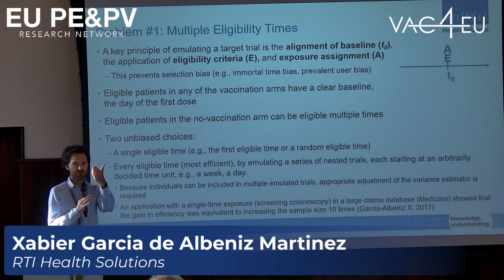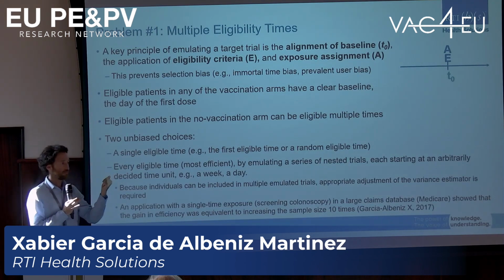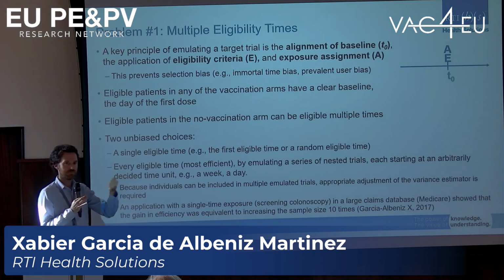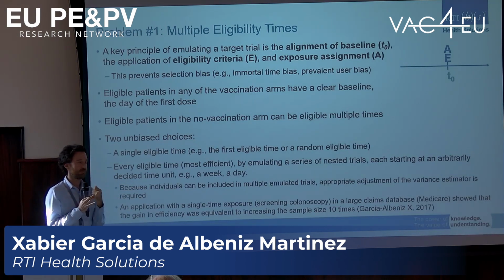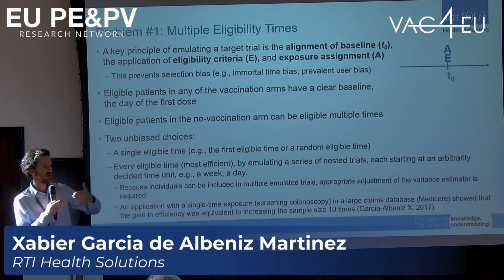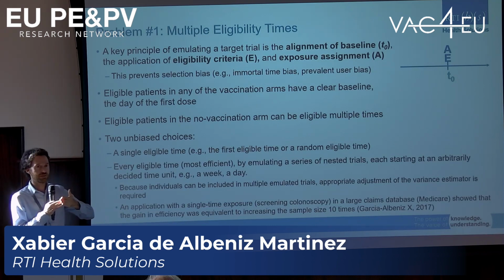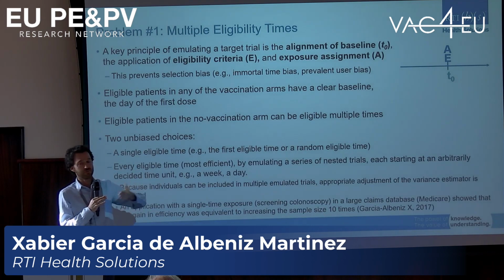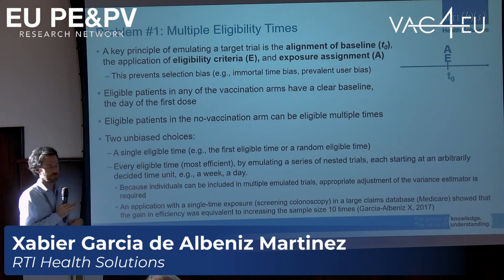It's the time when they receive the first vaccine. But for those who do not receive a vaccine, when is their time zero? I need to define that at baseline. If my study period is 2 years, and someone didn't receive a vaccine during those 2 years, which day of those 2 years is the time zero for that person?